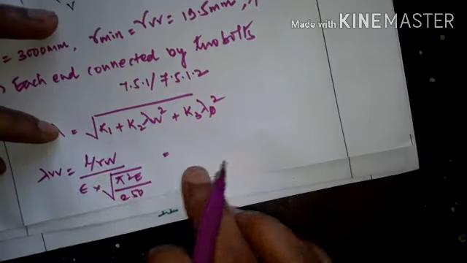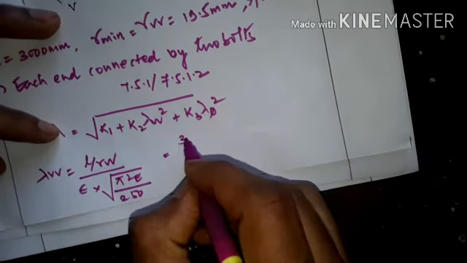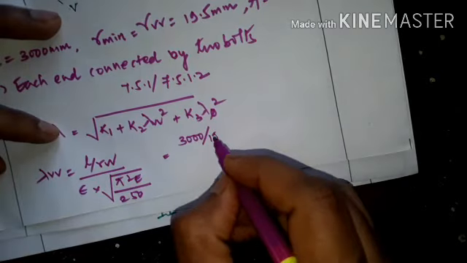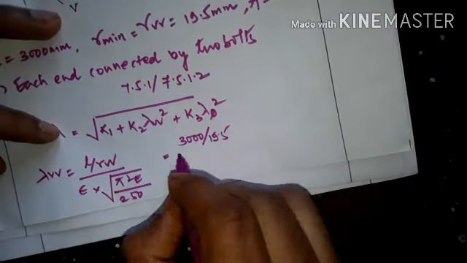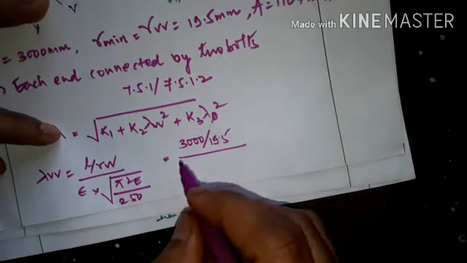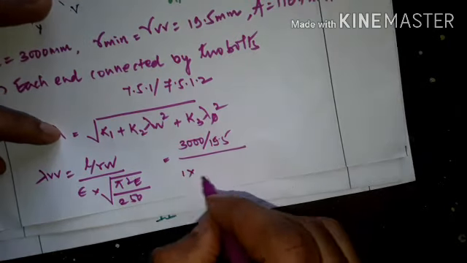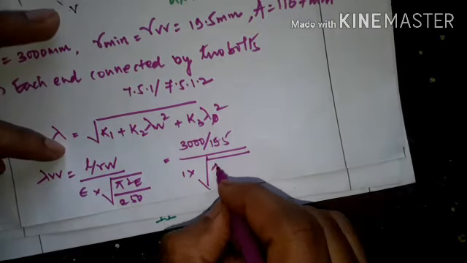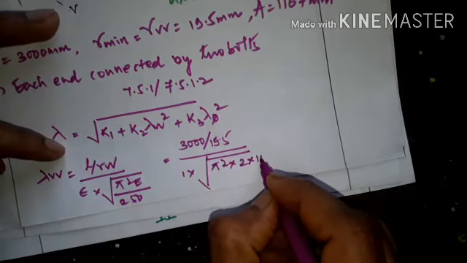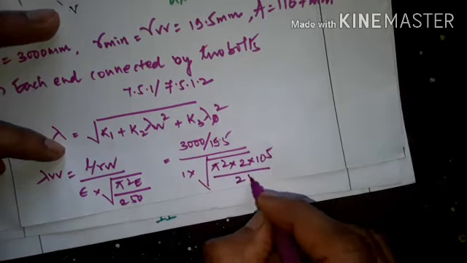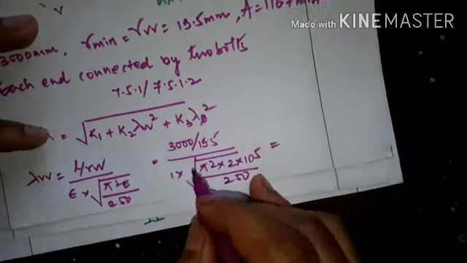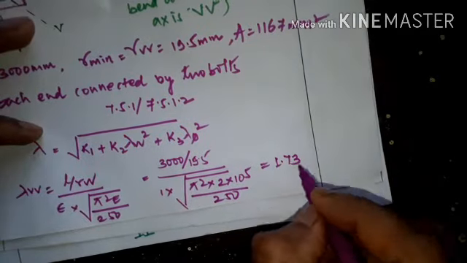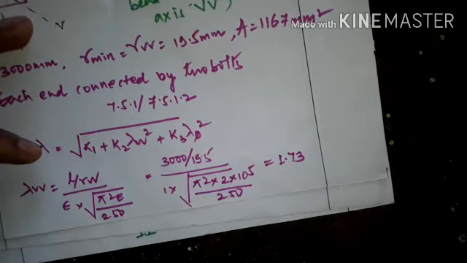Lambda vv is L divided by rvv, so L is 3000, rvv is 19.5, divided by epsilon, which is 1, into the square root of pi square E, where E is 2 into 10 to the 5, divided by 250. So we will get this value as 1.73.